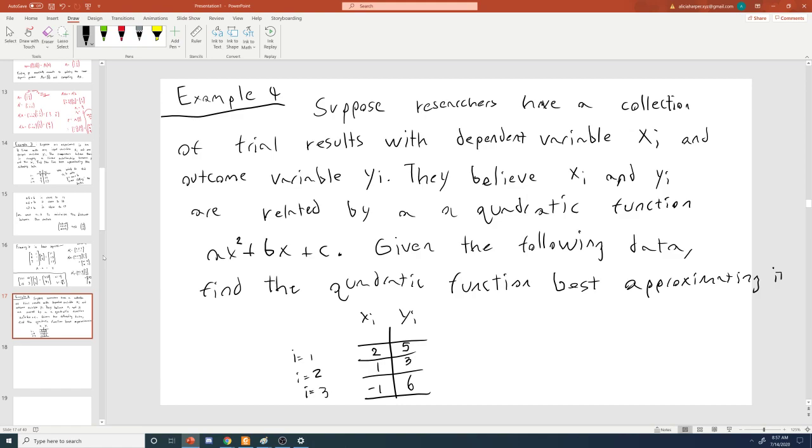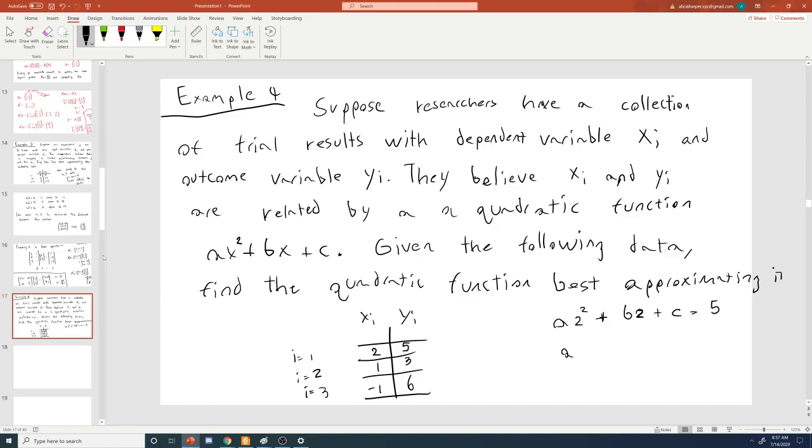So this is the same thing as considering the following linear system. A times 2 squared plus b times 2 plus c is equal to 5.